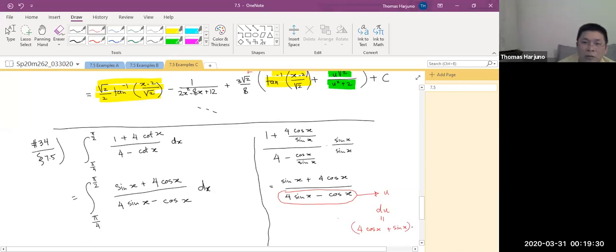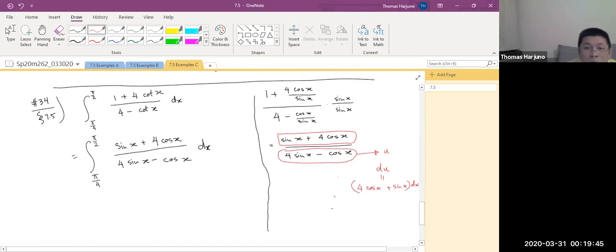But that's basically what I have on the top. Do you see that? The fraction? So if I look back here, let u be 4 sine x minus cosine x.